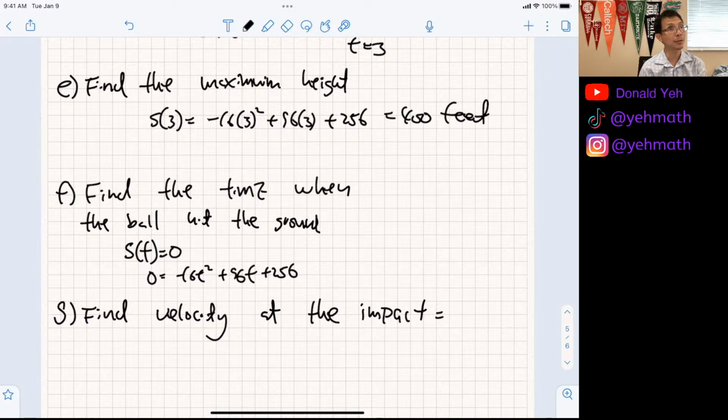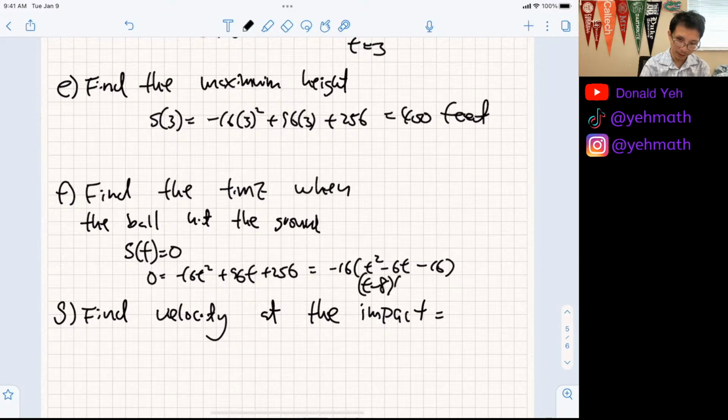Is it possible for me to solve this? I'll factor out the 16. If it's me, I'll factor out even the negative. That makes it a little bit easier to factor. That's going to be t squared minus 6t minus 16. And I can do t minus 8 and t plus 2.